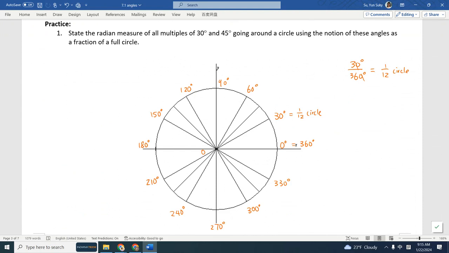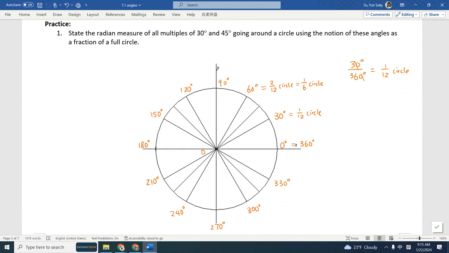How about 60 degrees? This is 1 over 12, so 60 degree is like 2 copies of that. Do you agree? So 2 over 12, which is 1 over 6 of a circle.